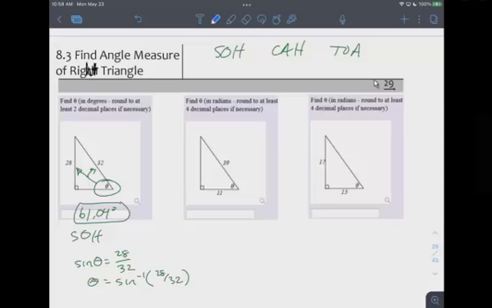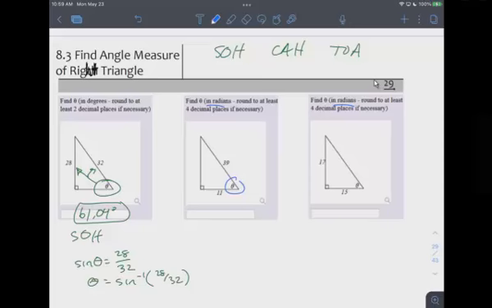Notice in these other two problems, in the instructions, it specifically asks you to find radians. You do need to read these very carefully. Every time you're working with trig ratios, make sure you know, is it asking me for degree or radian mode? If it doesn't specify, you assume it's radians. If you don't see a degree symbol, consider it radian mode.